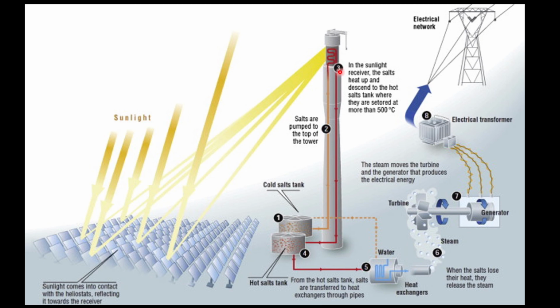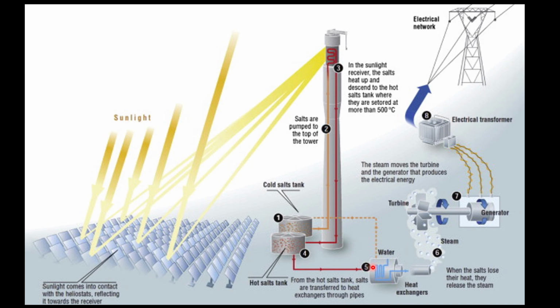That hot salt is then pumped and stored in the hot salt tank. From there, whenever it is required, it is pumped to a heat exchanger, where it exchanges its heat with water, and the water becomes steam. That steam goes to a turbine to rotate it, which drives a generator to generate electricity, and then the electricity is distributed.